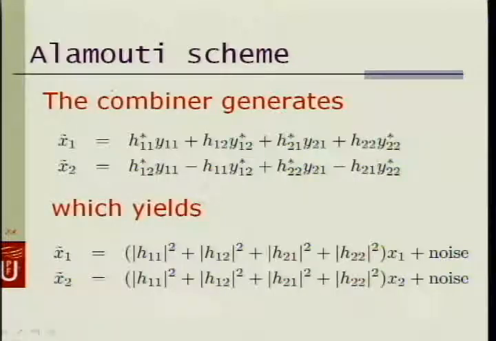The combiner generates a linear combination of the y's received at different time instants by different antennas. The result is, as before, something proportional to x1 and something proportional to x2. In this case, we have diversity 4 because we combine together the gain of the 4 paths traversed by each signal.